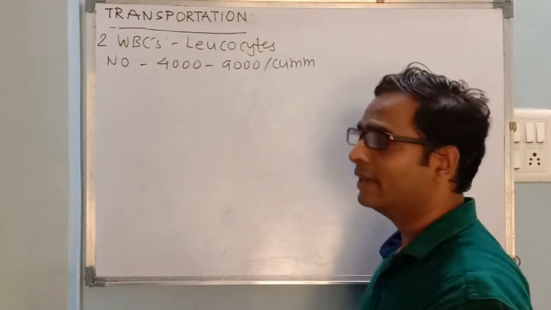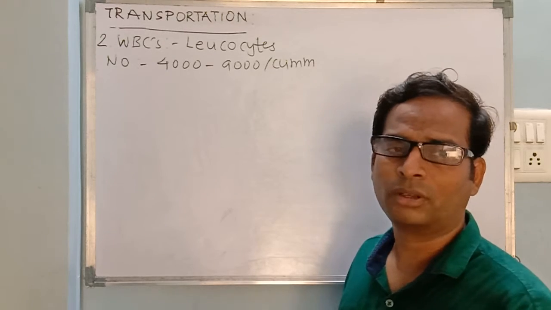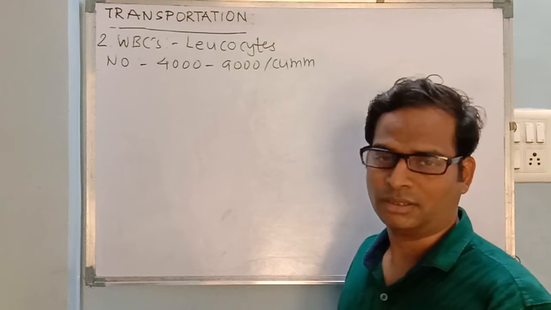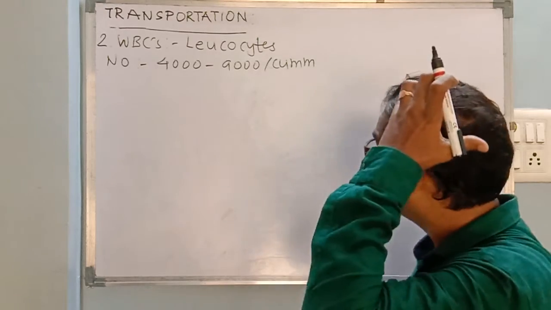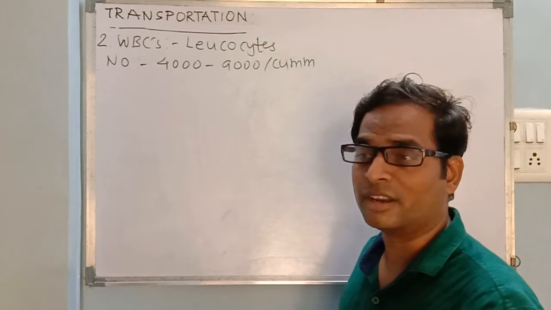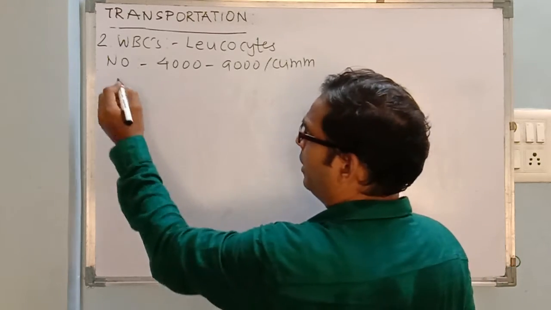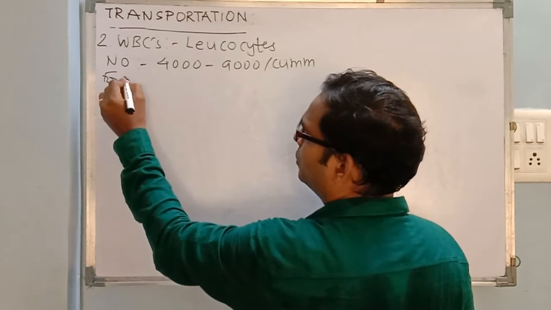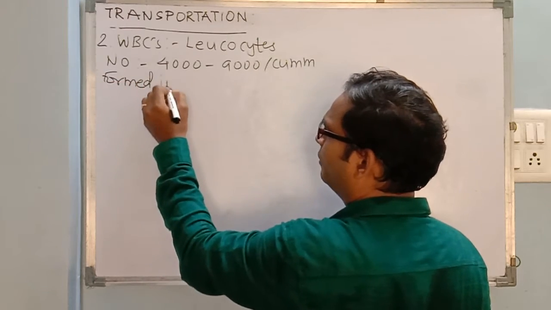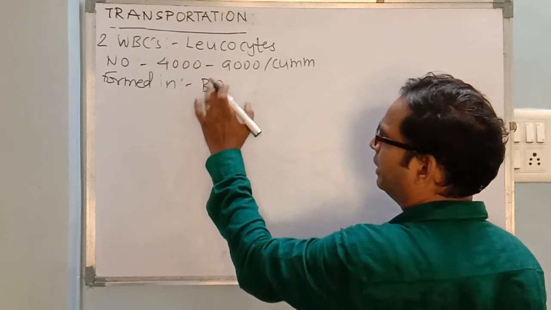So the number is very less, and this is the reason why our blood looks red in color, because of RBCs. Now, if you see the ratio between RBCs and WBCs, it will be 600:1. Fine. Now where are they produced? These are also formed in the same organ, which is called the bone marrow cavity.